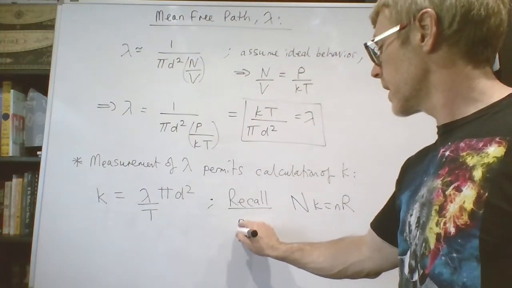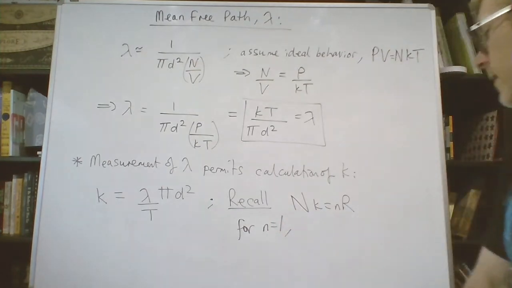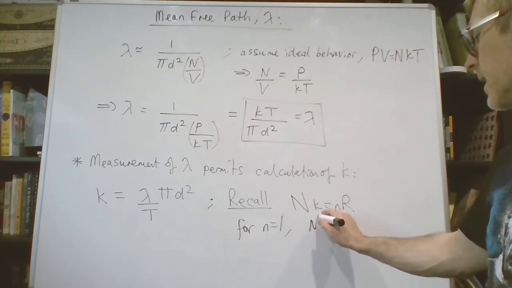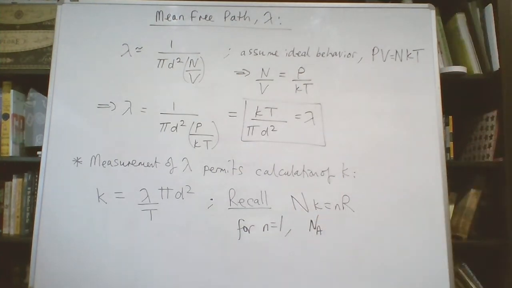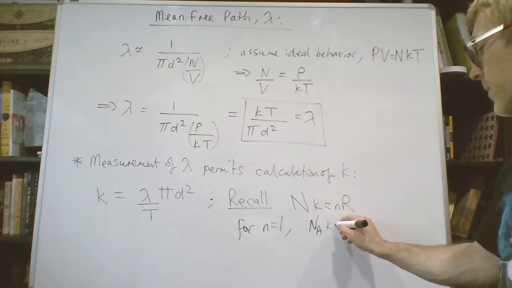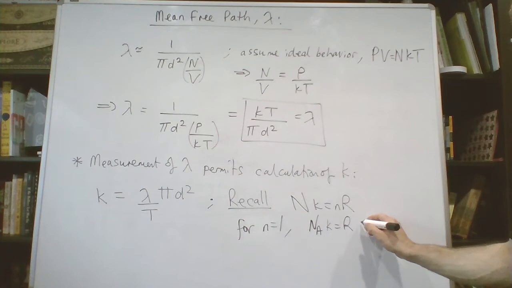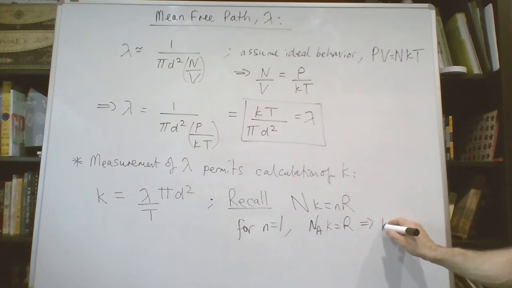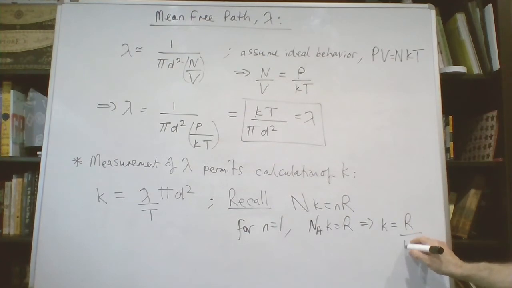So for 1 mole, so for n equals 1, then N_A, so if mole is 1, we're talking about Avogadro's number of objects. So N_A k equals R. So Boltzmann's constant is the ratio of the ideal gas constant and Avogadro's number.